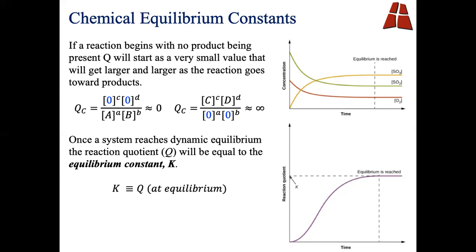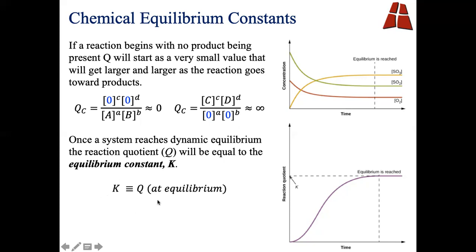A big concept, so this is something I will say over and over, but hopefully you get it this first time here, is that once we reach equilibrium, once we have our dynamic equilibrium, we then, instead of defining Q as products over reactants, we define K as products over reactants.